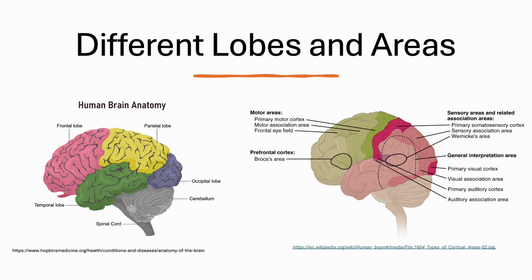So now I'm going to be talking about the different lobes of the brain, and they can be divided into 4 separate lobes. We have the frontal lobe in the front of the brain. We have the parietal lobe, which is semi in the middle top of the brain. We have the temporal lobe, which is in the lower portion of the brain, and then the occipital lobe, which is in the back of the brain.